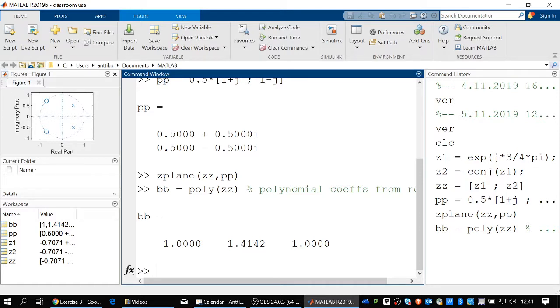So I can actually now start defining the difference equation from that one part, but I still need the other part, which is A, the polynomial coefficients defined by poles. There.